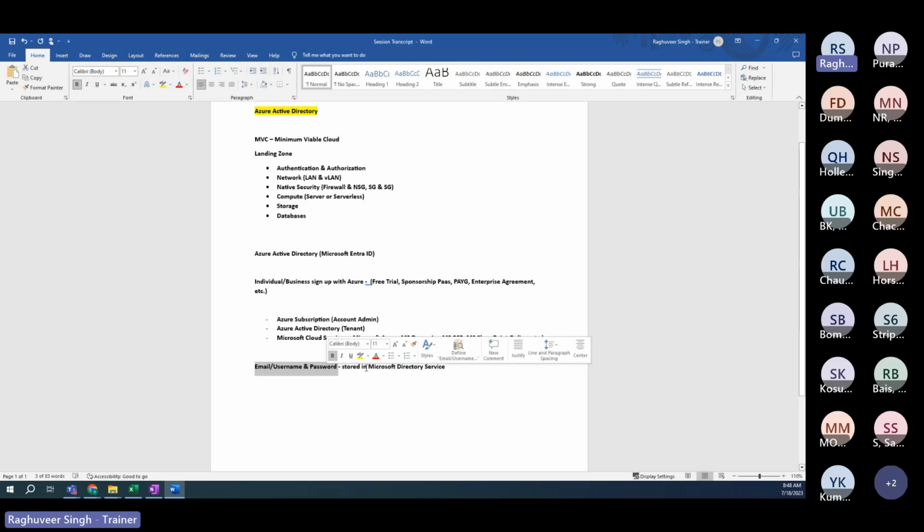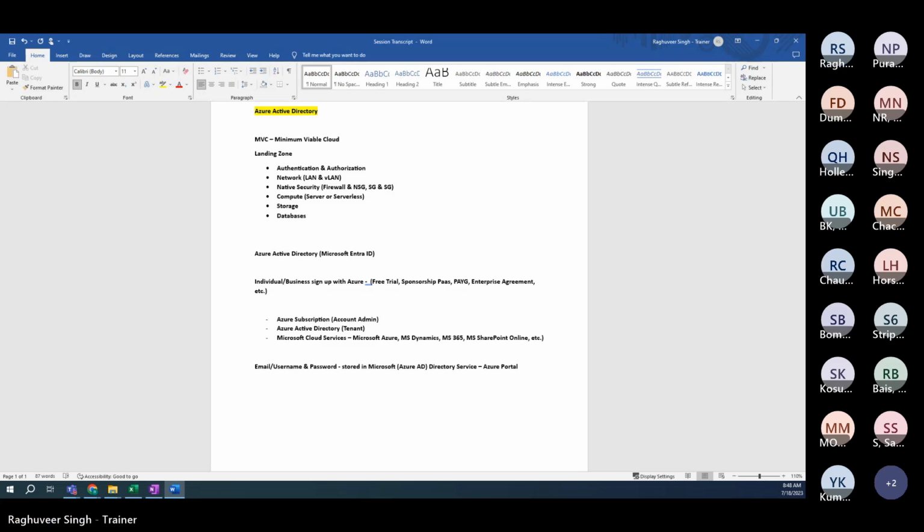And this information is stored in Microsoft Directory Service, and this directory service is known as Azure AD. So when you provide your email, your username and password, this information will be sent to Microsoft Azure AD, who will then authenticate and authorize and let you log into the portal. So you log into the Azure portal with this information.